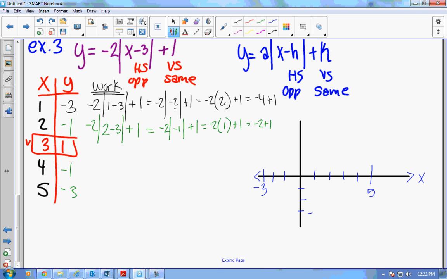Plot the points. Make sure it looks like a V. If you don't get a V, you've done something wrong. Either your work is wrong or you graphed wrong.